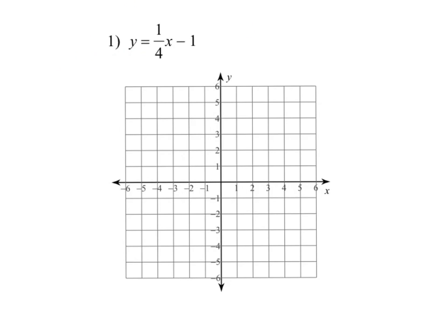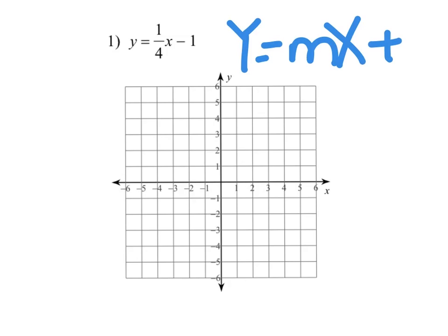So let's do it. Remember that these types of equations are called slope-intercept form because they look like this: y equals mx plus b, where m is the slope and b is the y-intercept.